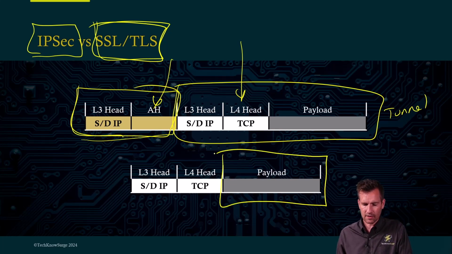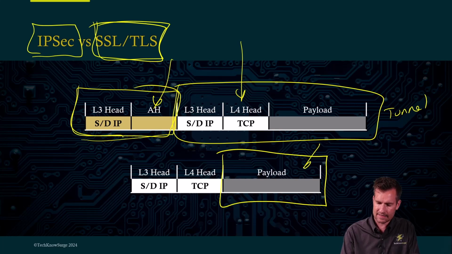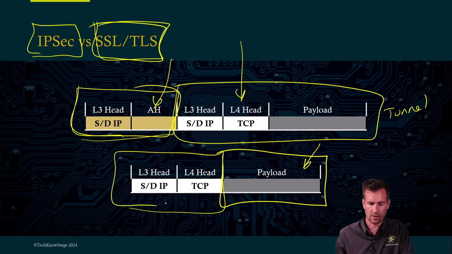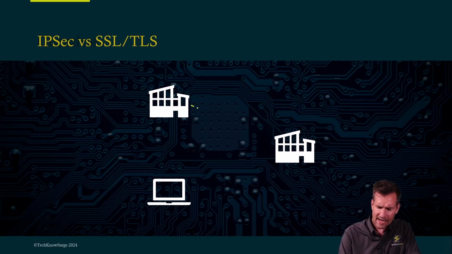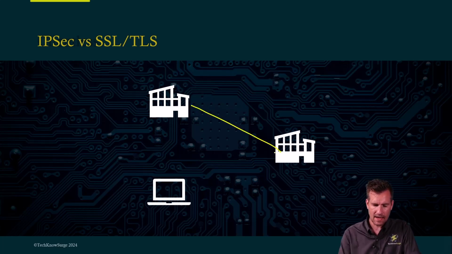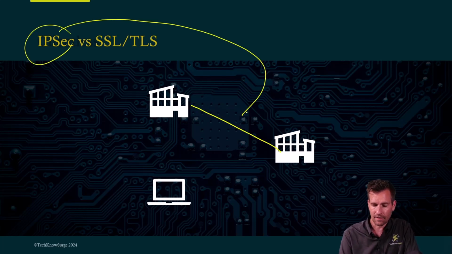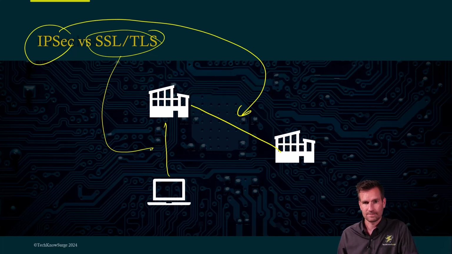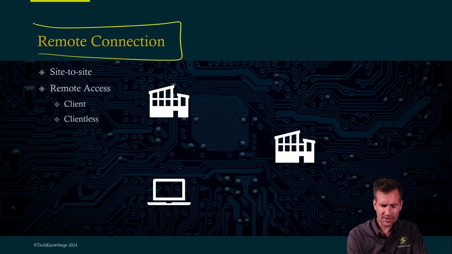So it's a transport layer security and it does it at this upper application layer. It doesn't do it at this lower layer right here. Typically what we see is when we're creating a site-to-site VPN, we'll use IPsec for that. However, if we're going from a remote user to a site, then typically that would be set up as a SSL/TLS connection.